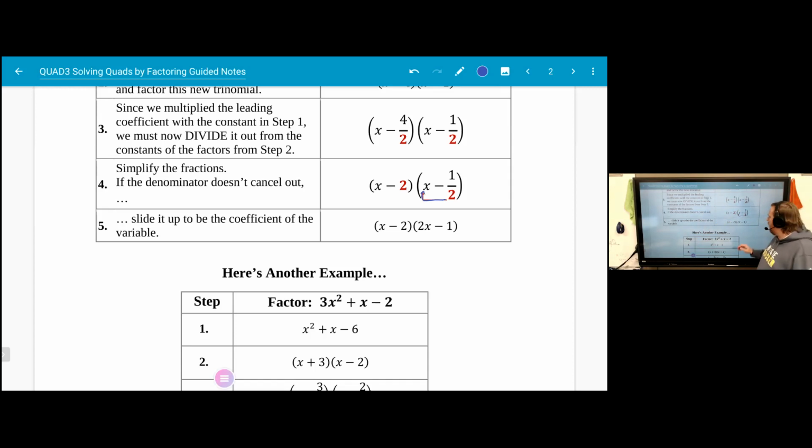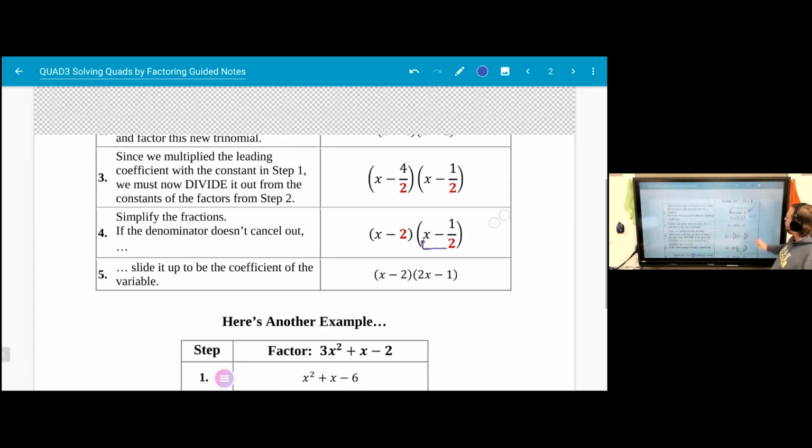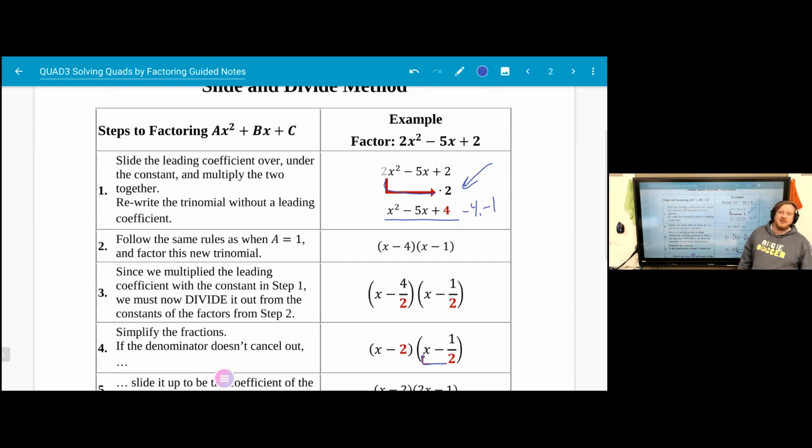In other words, we're going to make it look like 2x minus 1 instead of x minus half. And what's really neat is if you multiply these two things together, guess what you would get? 2x squared minus 5x plus 2. You totally get that. I know, it's a lot.